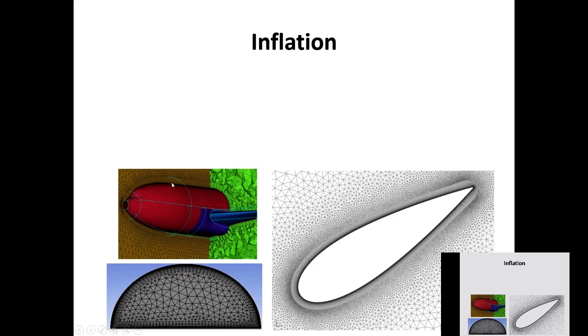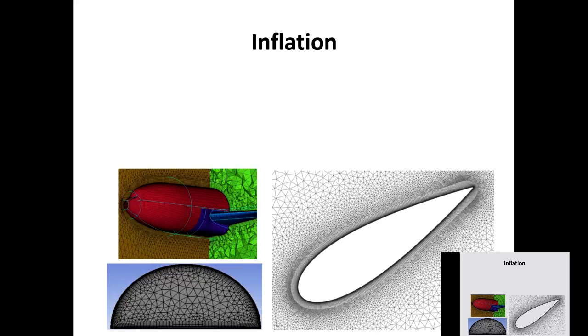Here, this is an inflation. That is to pick up the boundary layer. On the aerofoil, this is an inflation just to pick up the boundary layer. So make sure that when you have an inflation on a boundary layer, you make those grid nodes perpendicular to that boundary. Okay.